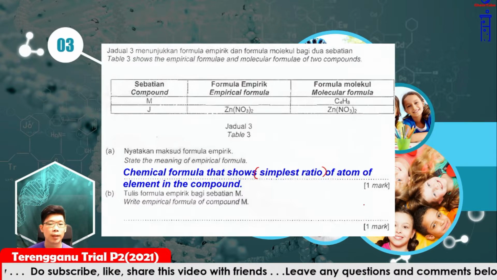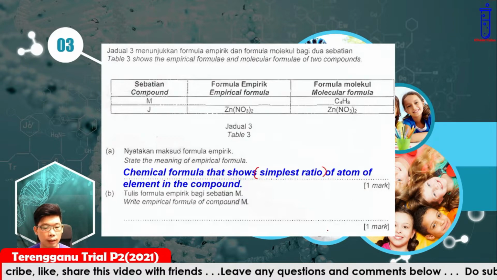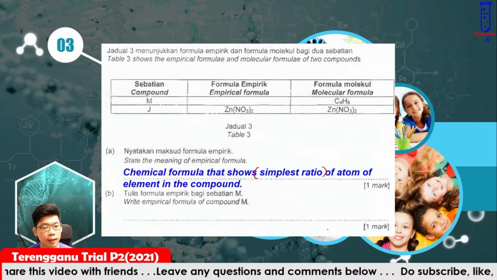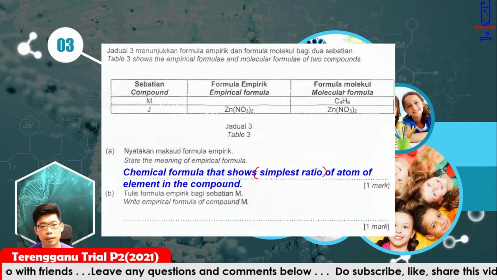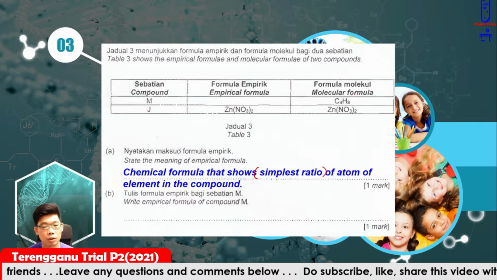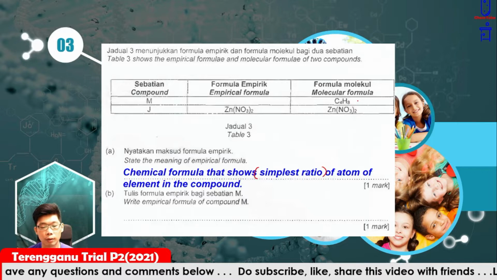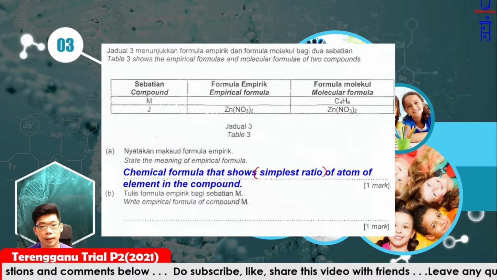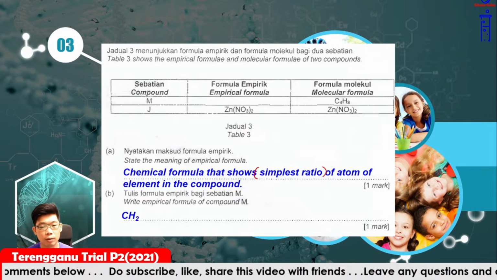Meanwhile, the molecular formula is the actual ratio, or actual number of atoms. Write the empirical formula of compound M. This is a molecular formula, the actual one, so we see whether we can simplify it or not. 4 and 8, we can simplify by dividing them by 4. So it becomes CH2.